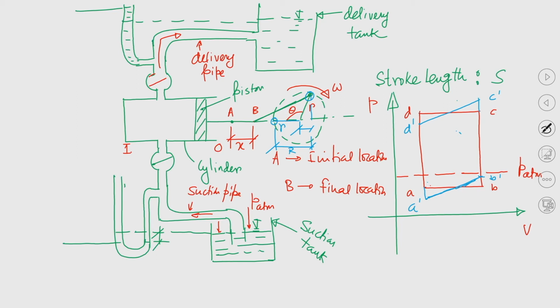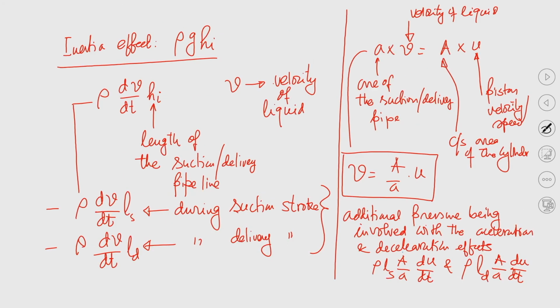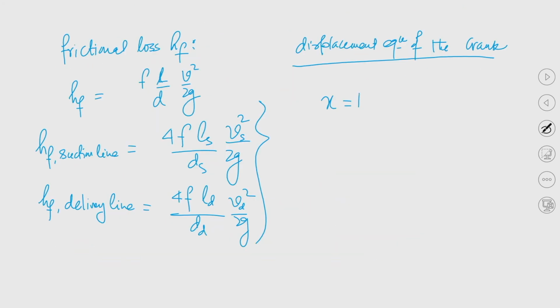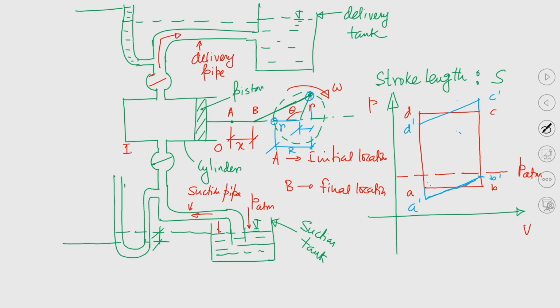So, I can write x equal to small r plus, this angle being 180 minus theta, r cos of 180 minus theta.